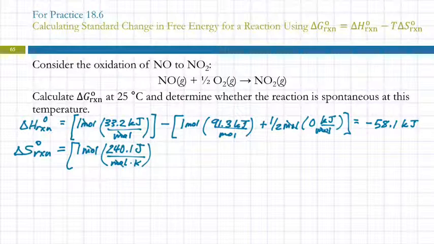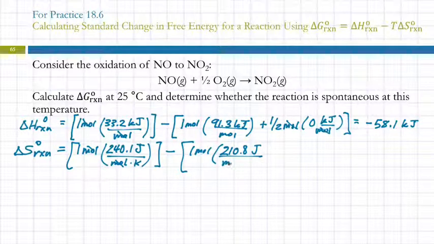So the moles cancel. That's my product, subtracting the reactants. 1 mole of NO, entropy for that is 210.8 joules per mole Kelvin.